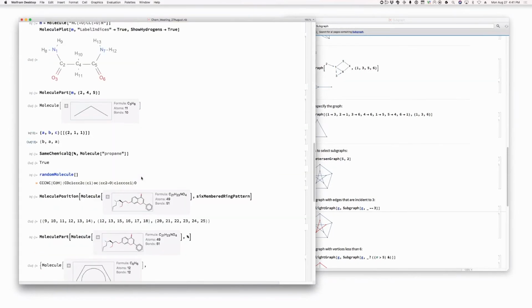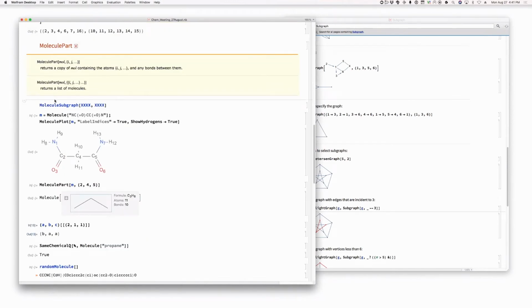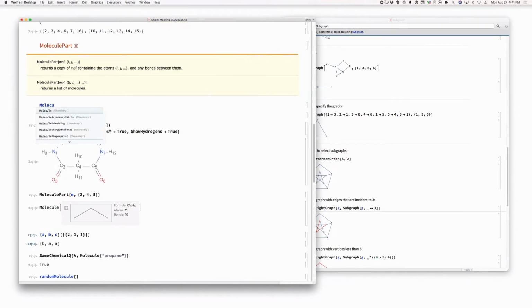Okay, I have a proposal. My proposal is that we call them things like molecular position. Maybe this is crazy.